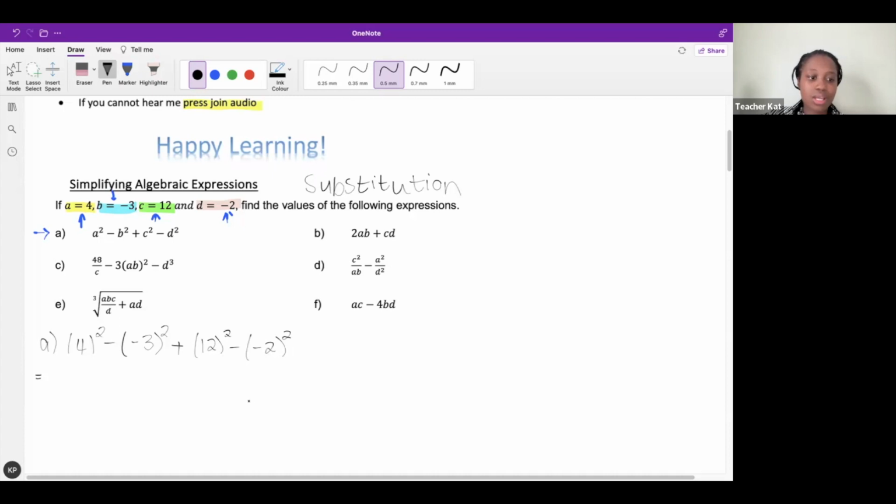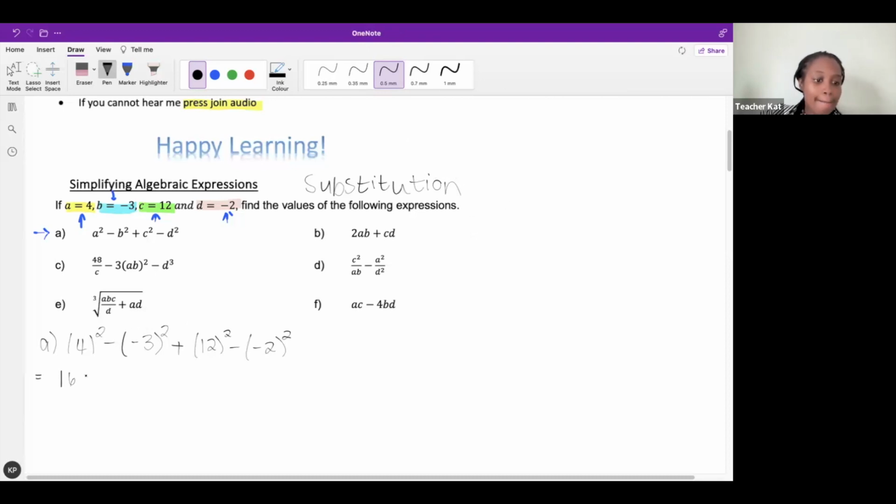Okay, equals. Now, what is 4 squared, guys? We're starting off with a little bit of a warm-up. What is 4 squared? What will that give us? Welcome to everyone who joined after I greeted. 4 squared is 16. Remember, 4 squared means 4 times 4.